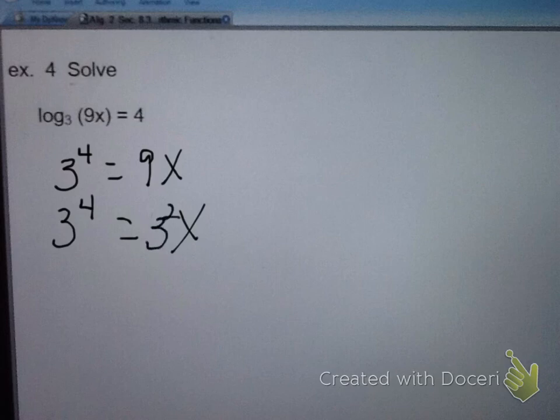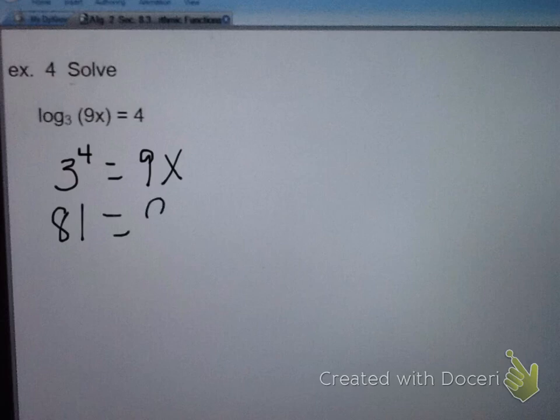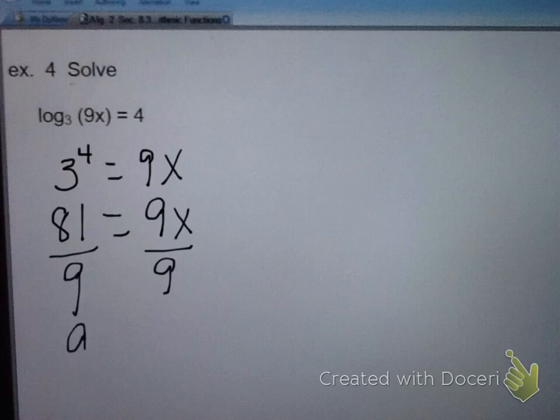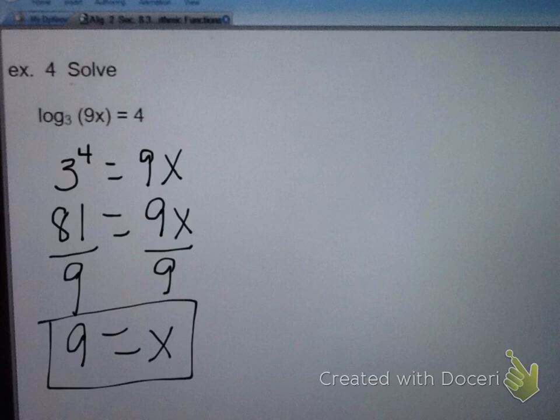So that does not work. But what does work? Can I calculate 3 to the 4th power? Oh yeah, 3 to the 4th power is 81, which is equal to 9x. X is not in the exponent. It is in the whole number. So I don't need to try to do exponential, I'm just going to divide by 9. I was making it too difficult. 81 divided by 9 is equal to x. So that is your answer.